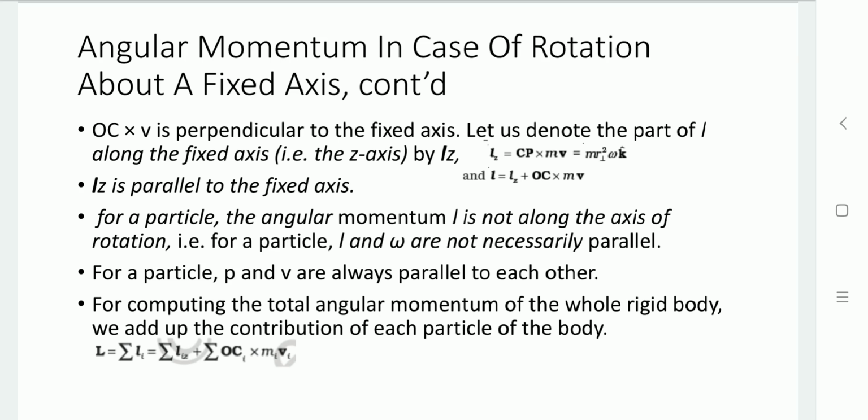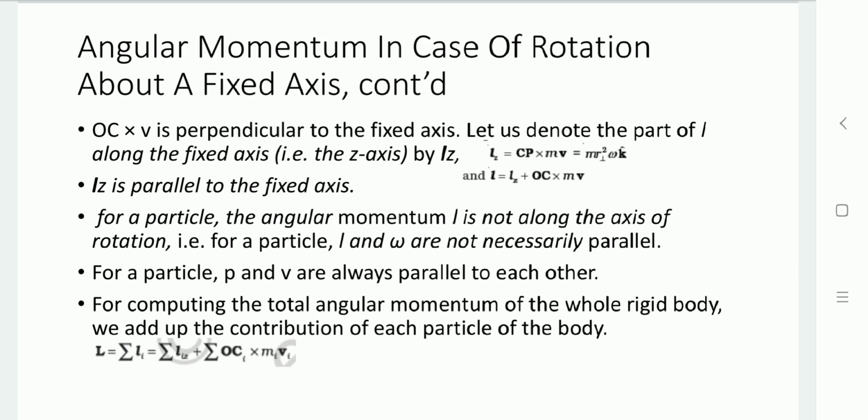If we calculate the total angular momentum of a body, capital L equals the sum of individual momenta L_i, equal to the sum of L_iz plus the sum of OC_i cross m_i v_i. Here m_i and v_i are the mass and velocity of particle i, and C_i is the center of the circle of that particle.